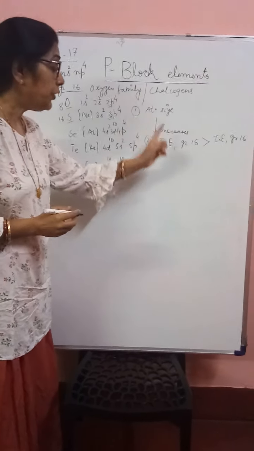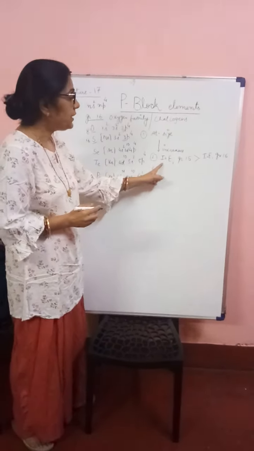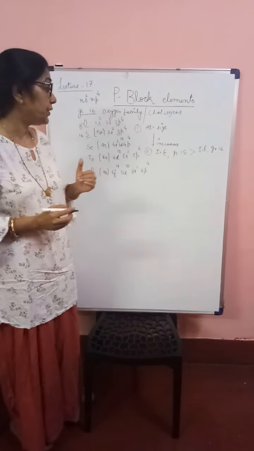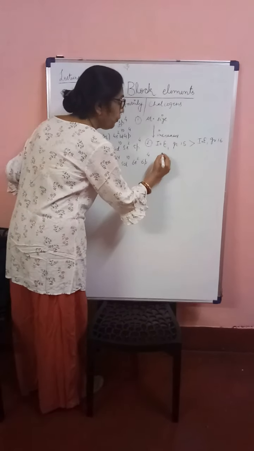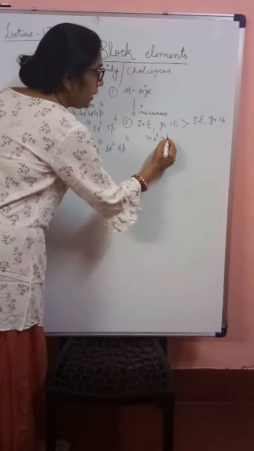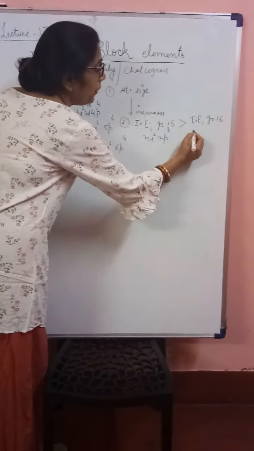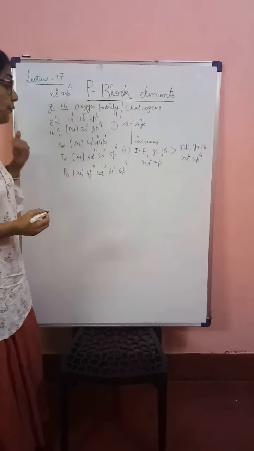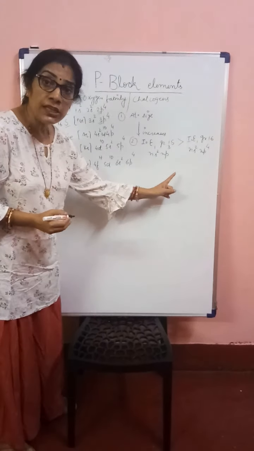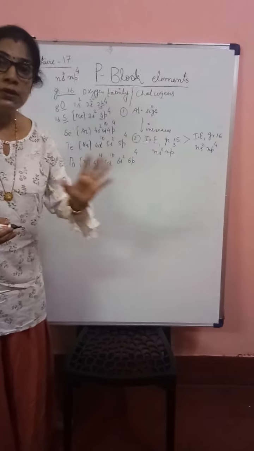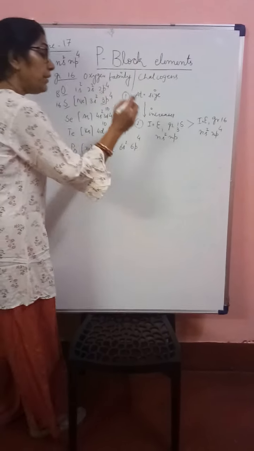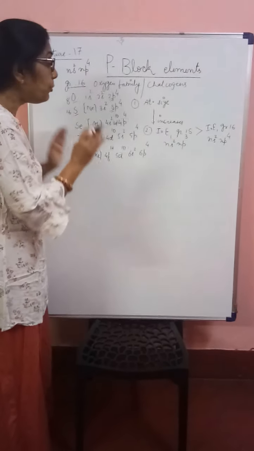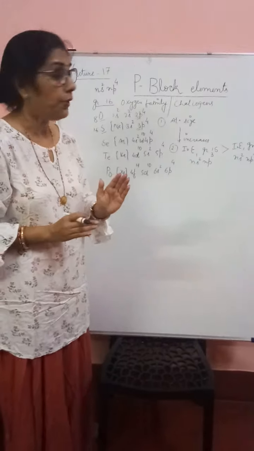Why? Because group 15 has the general electronic configuration ns2 np3, whereas group 16 has ns2 np4. Group 15 has half-filled stability in accordance with Hund's rule of maximum multiplicity, so it is difficult to remove the first outermost electron.